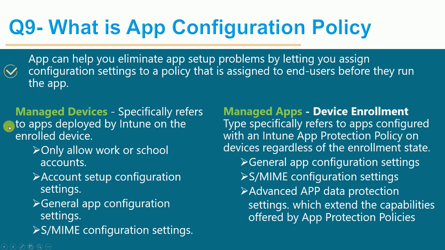The managed device option is especially used when you have the device enrolled into Intune. It especially refers to app deployment by Intune on the enrolled device. So this configuration can be deployed only when your device is enrolled into Intune. This is a managed device configuration policy.